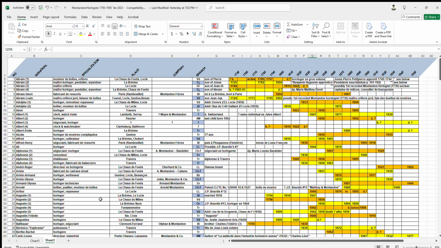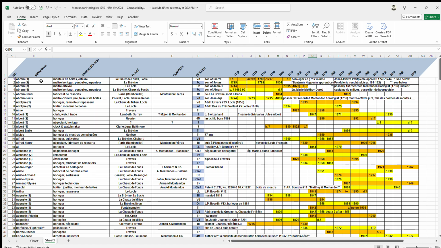As we can see here, I have the individual's number in this list, and this is a list which is compiled alphabetically, and so it has the individual's name. For example, we have 4 Abrams, and each Abram is basically counted separately so that we know the difference.